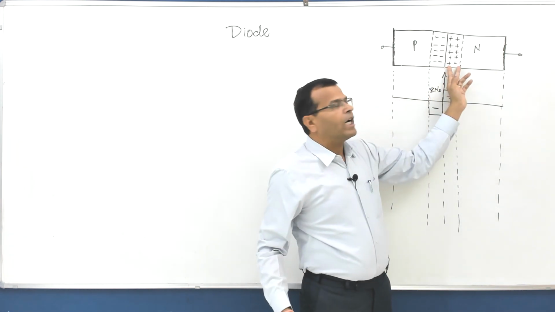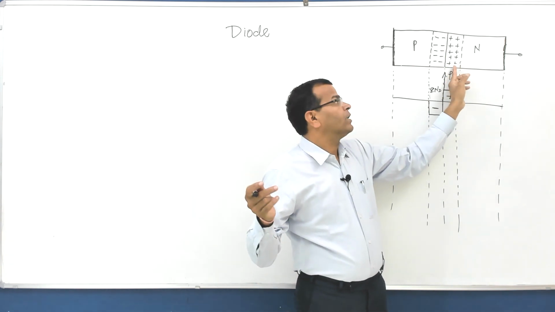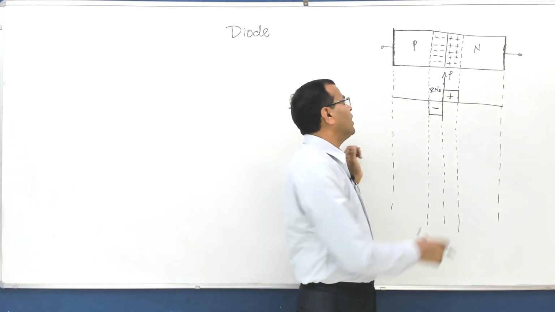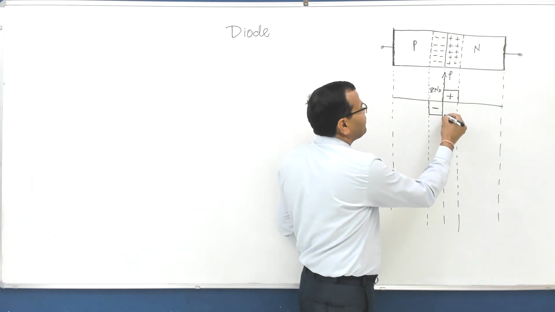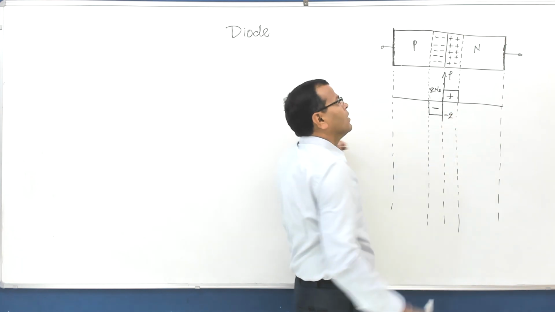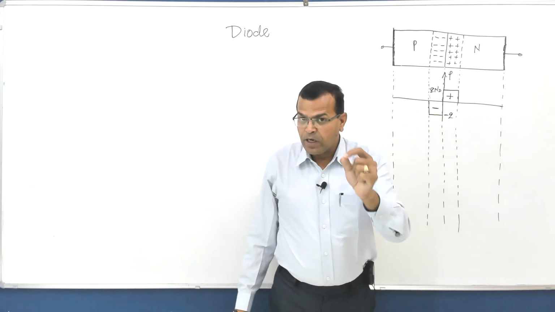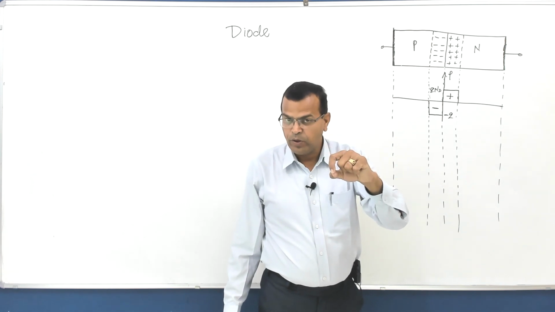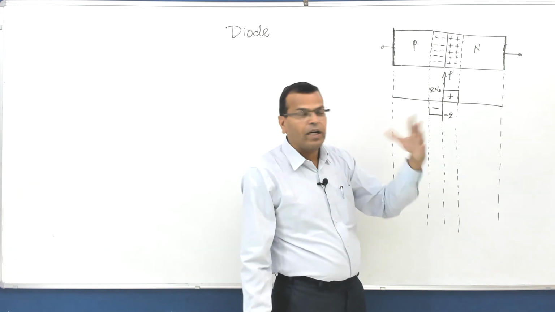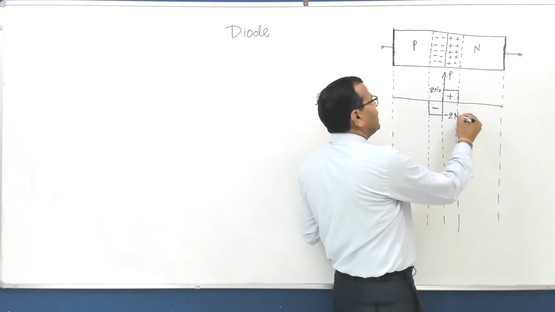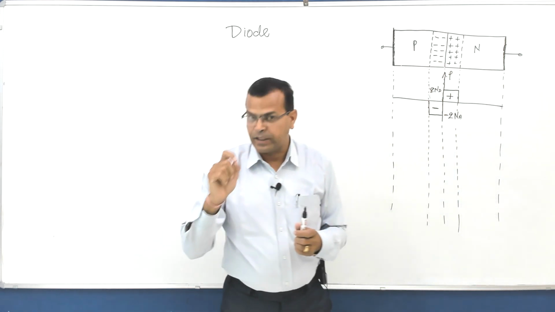ND is donor atoms per unit volume multiplied by charge of each atom, so that becomes the charge per unit volume. Similarly on this side, it is negative, now the acceptor concentration multiplied by charge of each ion, so minus Q into NA, that is the charge density on P side.